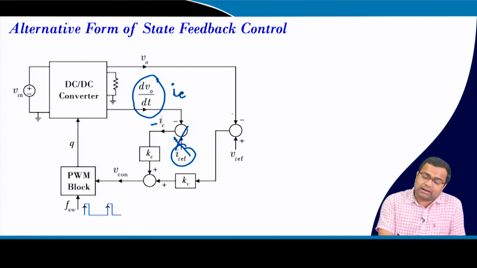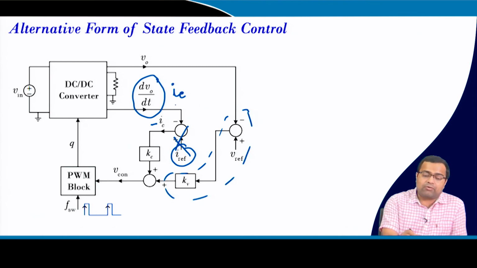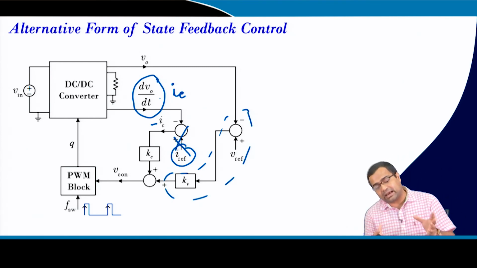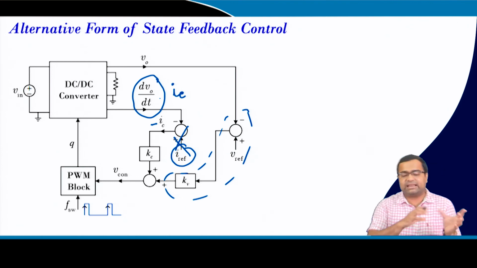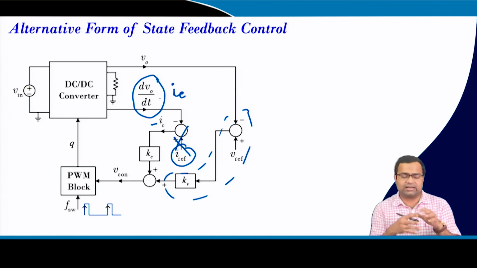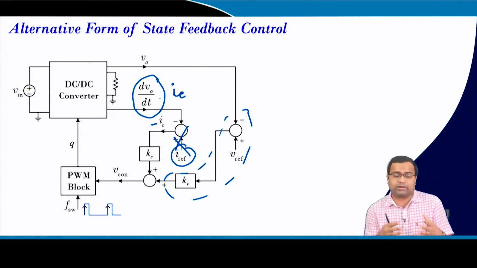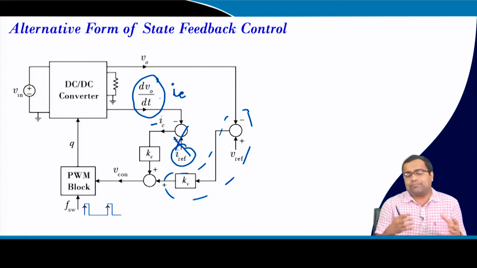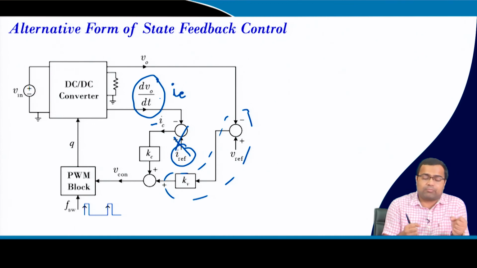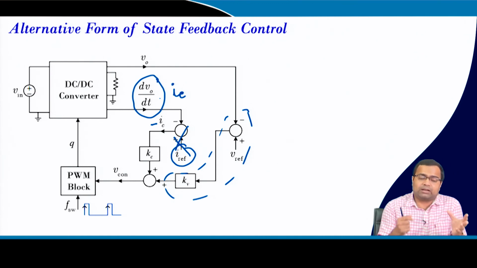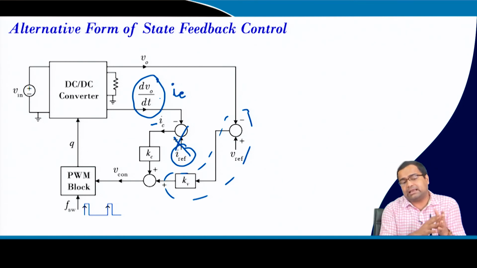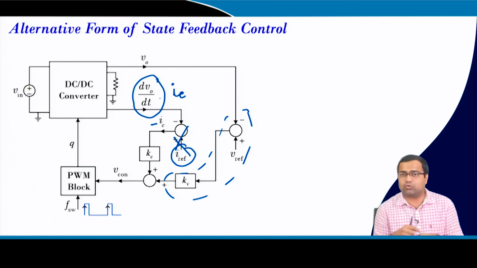This part is common, but now instead of the earlier inductor current, we are simply taking the derivative of the output voltage, which will represent the capacitor current. But it may not be true for a boost converter, where the direct derivative of the output voltage is not recommended, because the boost converter has discontinuous output voltage ripple, and that can inject significant switching noise into the closed loop.